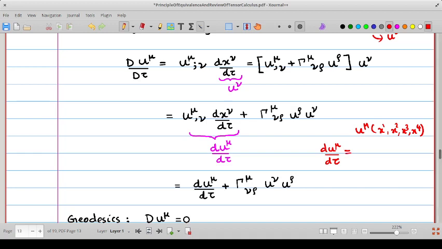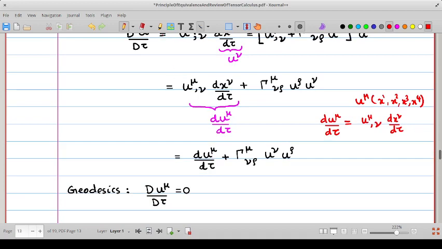That is because u^μ is a function of these coordinates, and this can be taken as the derivative of u^μ with respect to any of these coordinates, which is ν, times the derivative of x^ν with respect to τ. And therefore, this quantity, which is the quantity on the right hand side, is simply the derivative of u^μ with respect to the proper time τ.